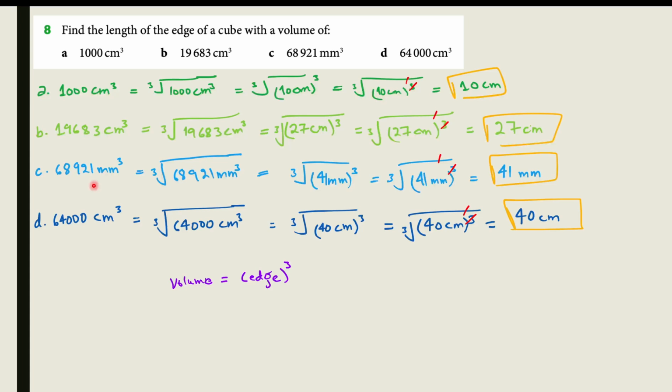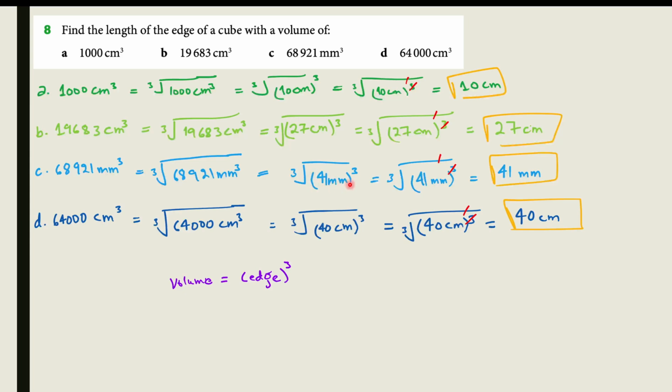Next we have 68,921 millimeter cube. So we take the cube root, sorry, we do not take the cube, we take the cube root first. After taking the cube root, we can write this term 68,921 millimeter cube as the cube of 41 millimeter.